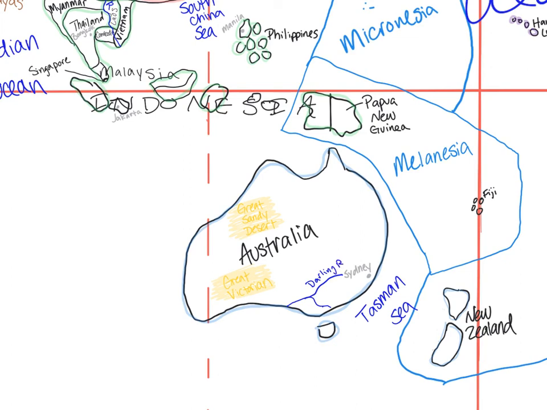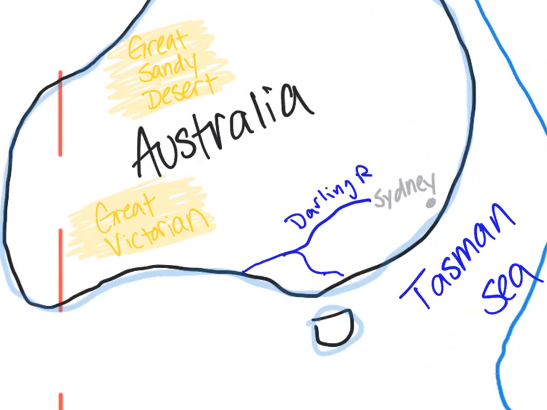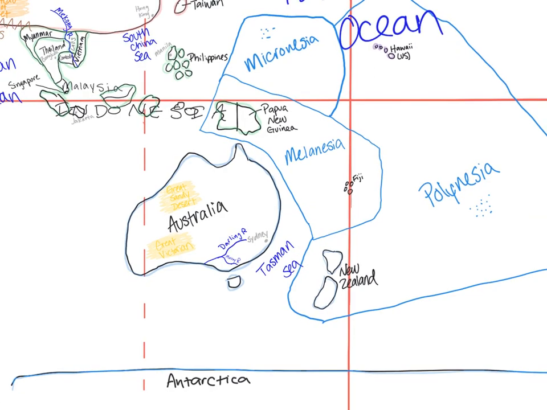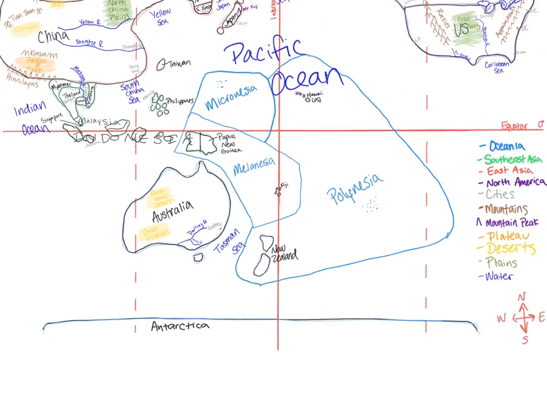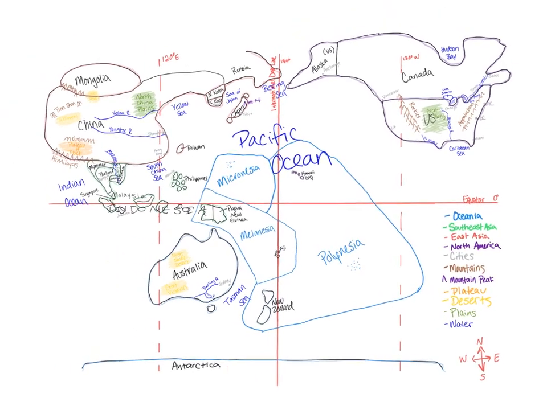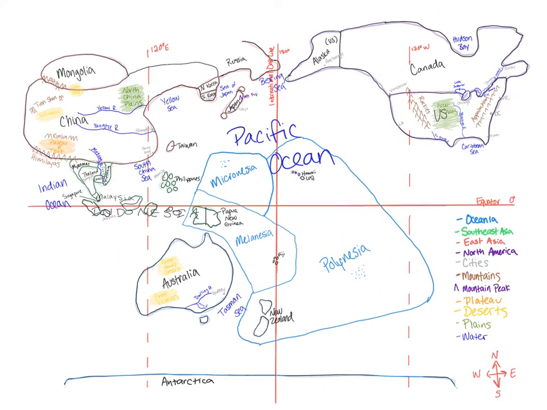And the southern one is called the Murray River, Murray River. And I believe that's it. So there is our Pacific Rim sketch map.